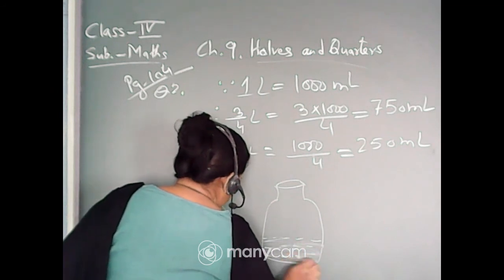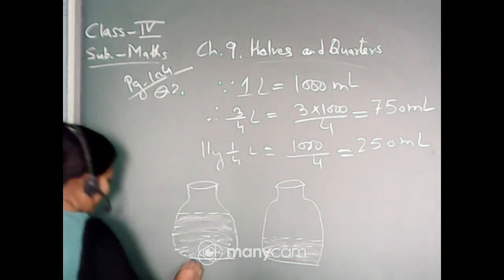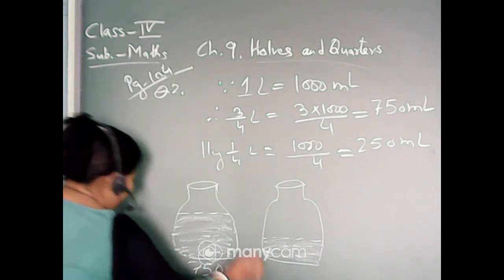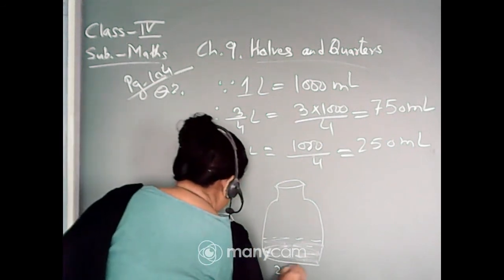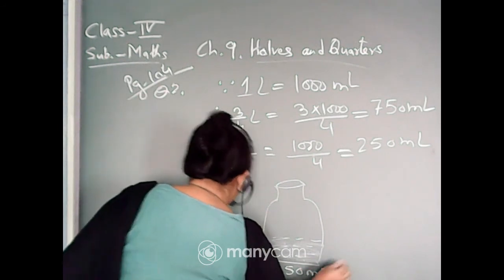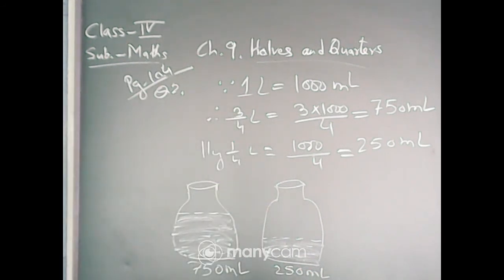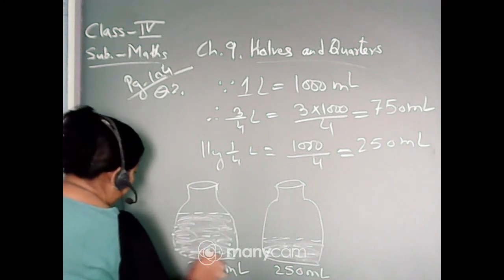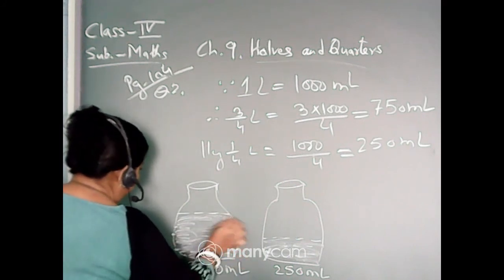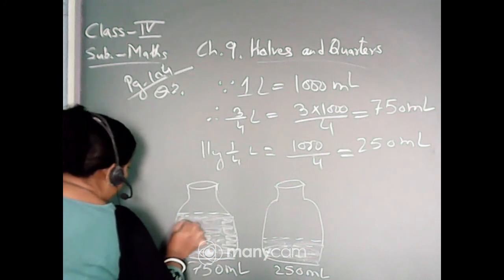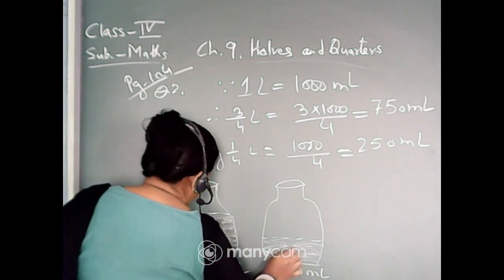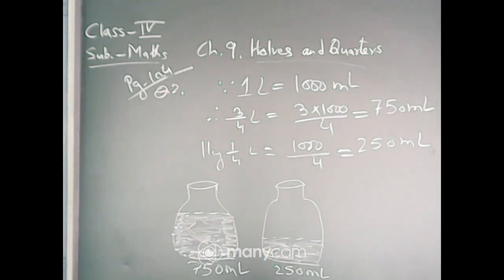Second one 1/4, and first one 3/4. Okay, first one 3/4, 750, and second one 1/4, 250 ml of milk, you have to shade with the help of the pencil.